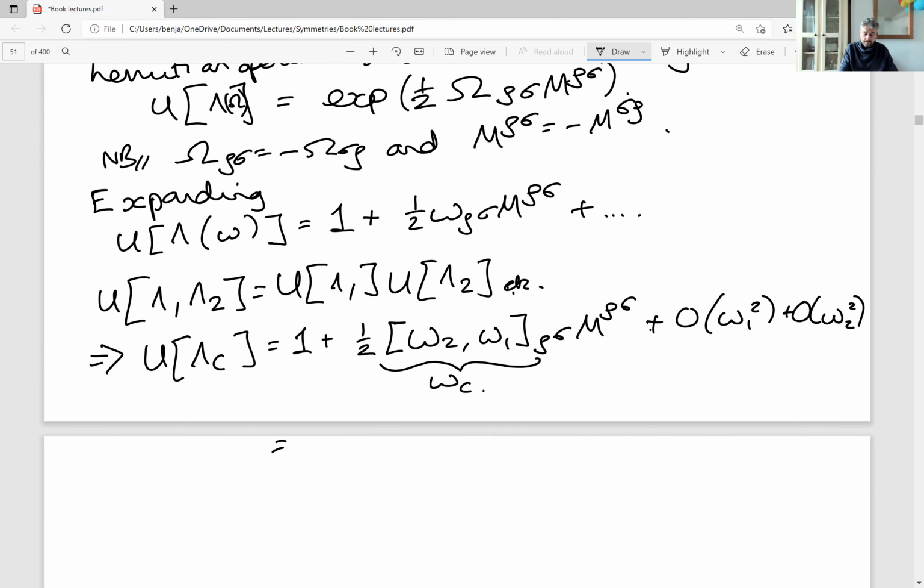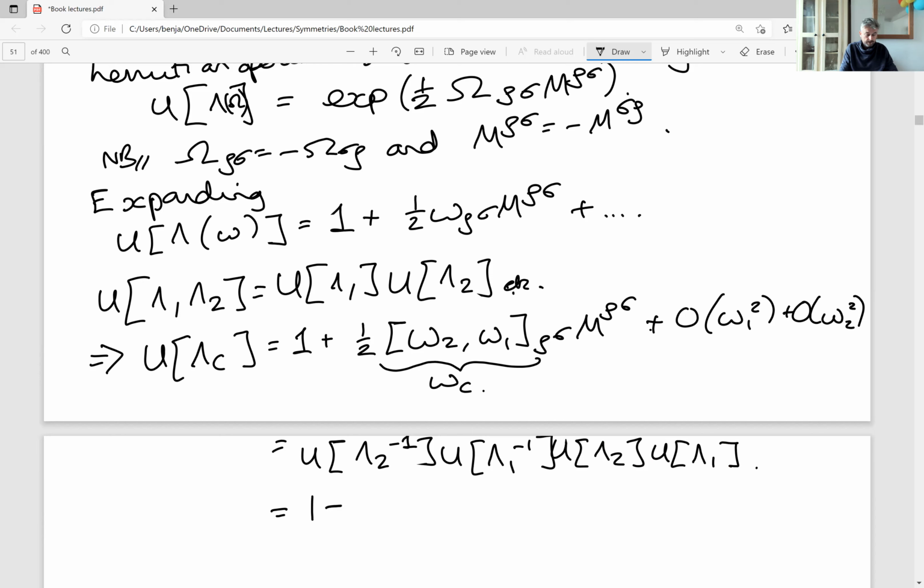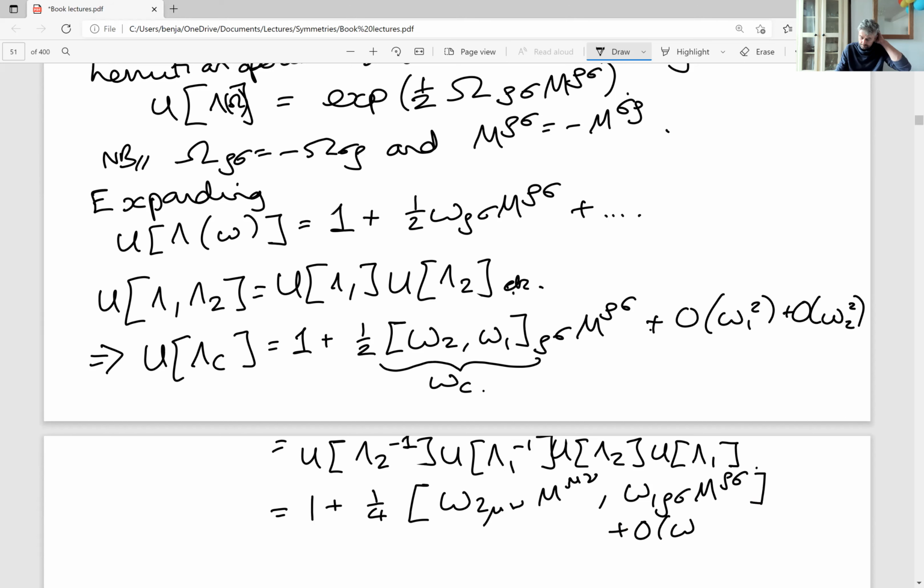And remember that because of the previous property, this has to be equal to U of lambda 2 to the minus 1, U of lambda 1 to the minus 1, U of lambda 2, U of lambda 1. And this is equal to 1 plus 1/4 omega 2 mu nu M mu nu, comma, omega 1 rho sigma M rho sigma, plus order omega 1 squared, order omega 2 squared.